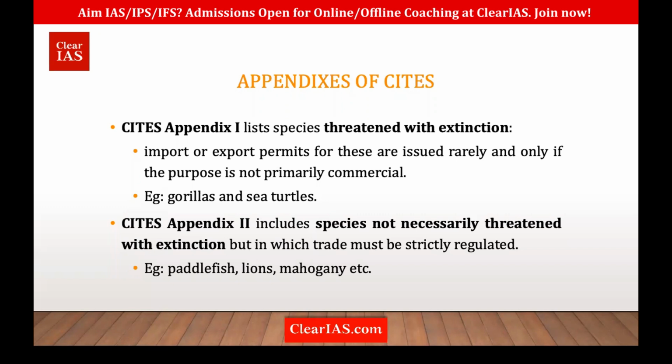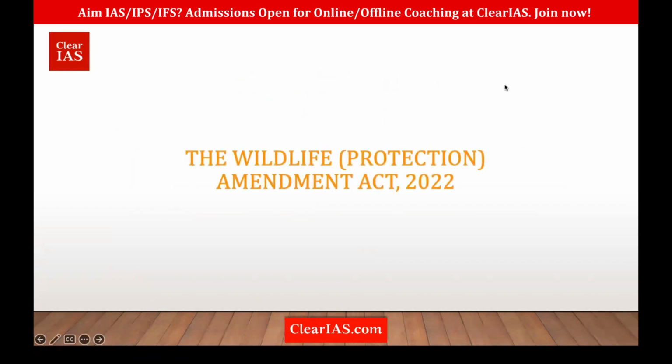So there are two main appendices for CITES. The first is species threatened with extinction, whose trade is completely banned except for government non-commercial purposes. The second is species not necessarily threatened with extinction, but in which trade must be strictly regulated. Examples are the lion, mahogany, etc. So that is about CITES.